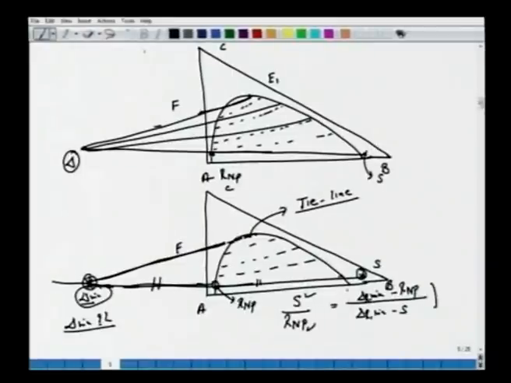All right. So once we locate this point, we can calculate S minimum. Then we can choose S as 1.2 times or 1.5 times S minimum.